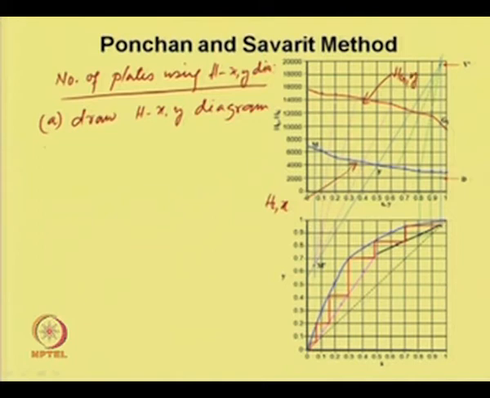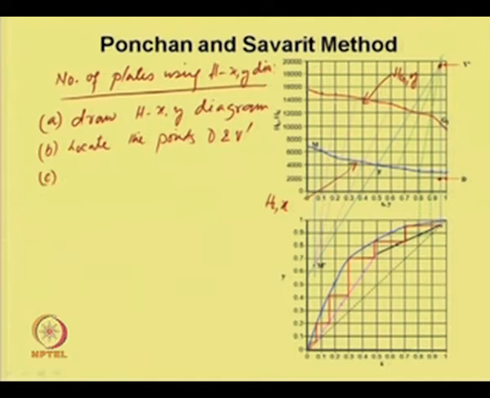Then we have to locate the points D and V dash, which is over here. This is point D and this is point V dash, and we know how to calculate the enthalpy at point V dash, whose concentration at this point is ZD.